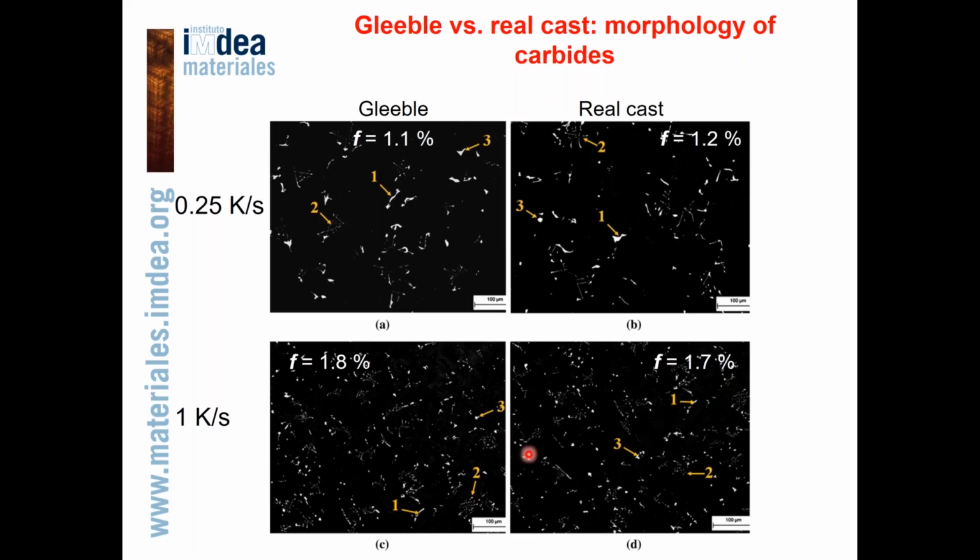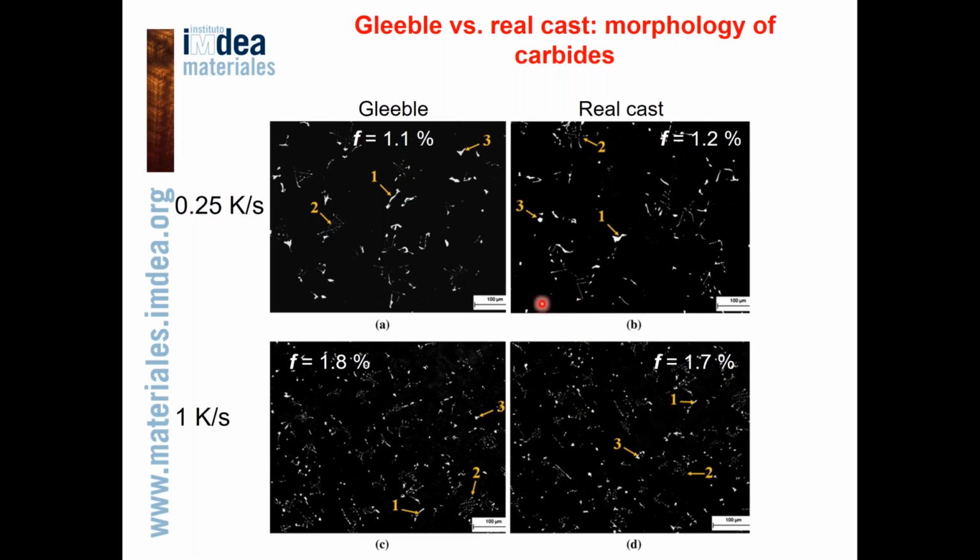Now let's compare the morphology of carbides. We know that their morphology and volume fraction can strongly affect the strength and creep resistance of nickel-based superalloys.